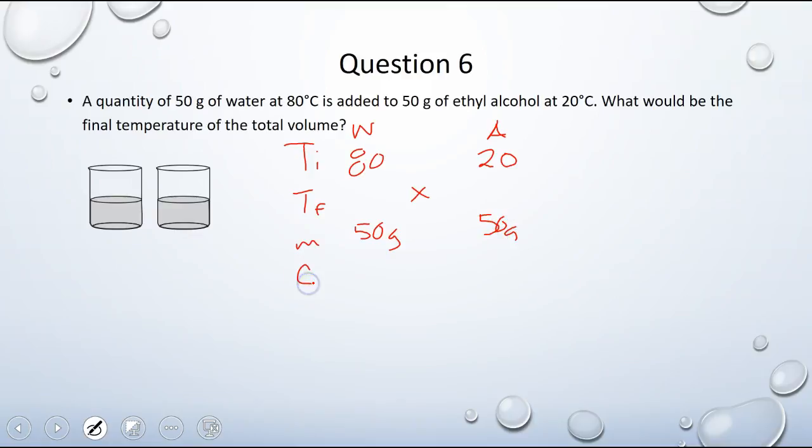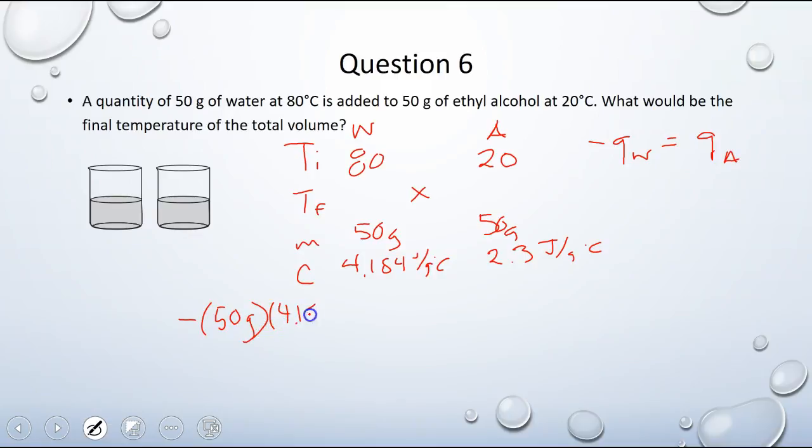And now we know that there's this constant, and for water it's 4.184 joules per gram degree Celsius, and this one is 2.3 joules per gram degree Celsius. Okay, and we also know that the Q of the water is equal to the Q of the alcohol. So the negative Q of the water, the amount lost by the water, is equal to the amount gained by the alcohol.